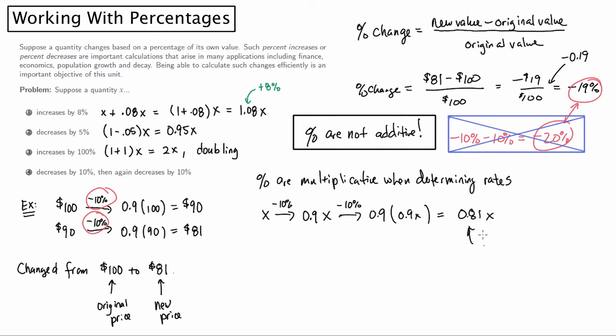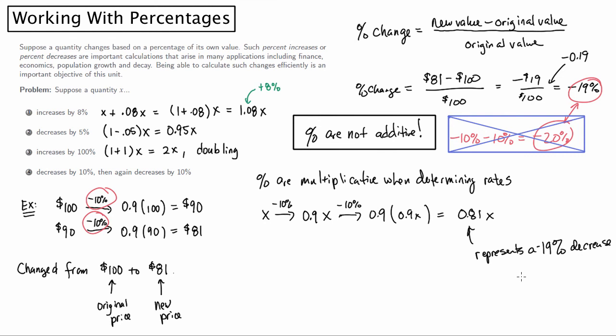And so 0.81x represents a 19% decrease. So that's the multiplier method of determining the overall percent change of these multiplicative rates.